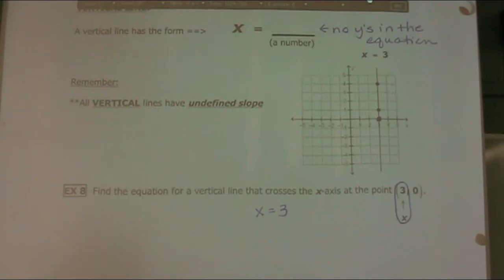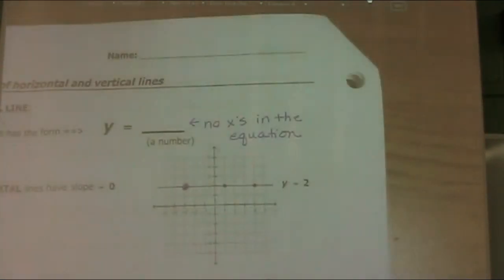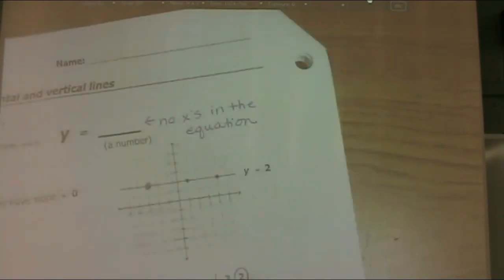Now the interesting thing, we've learned to use the point slope formula, and I want to show you where that comes from, because it doesn't come from nowhere. So let me write down the point slope formula.